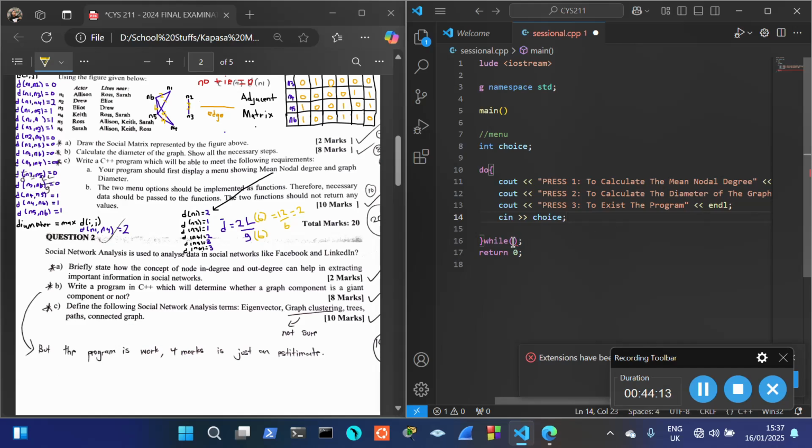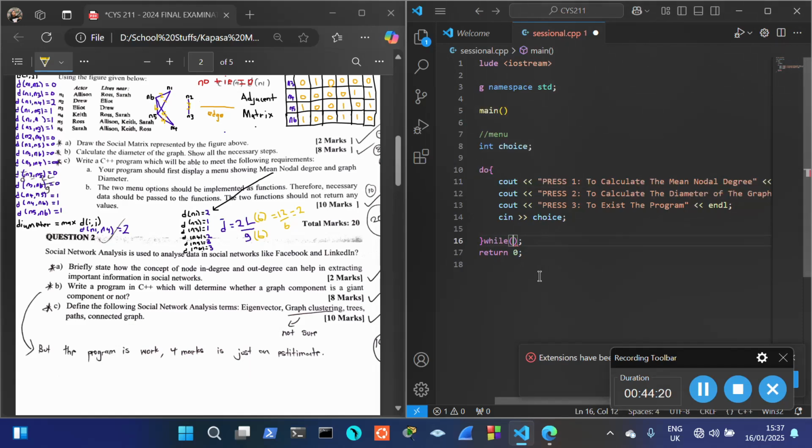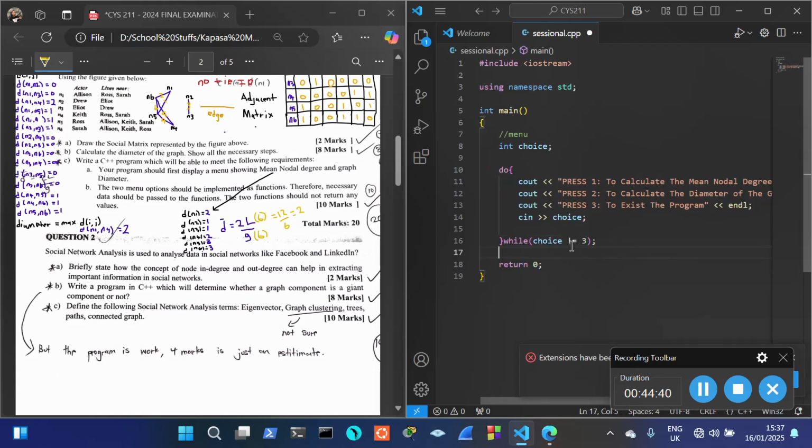Now remember, we are saying press 3 to exit the program. So in the while, if a user presses this particular condition, we need to end the program. So here we'll say while choice is not equal to 3. What this means is that if this choice is not equal to 3, the exclamation mark and the equal sign represent not equal to, then the loop continues, because we are saying while. So if a user presses 3, this process will terminate, meaning the program will end.